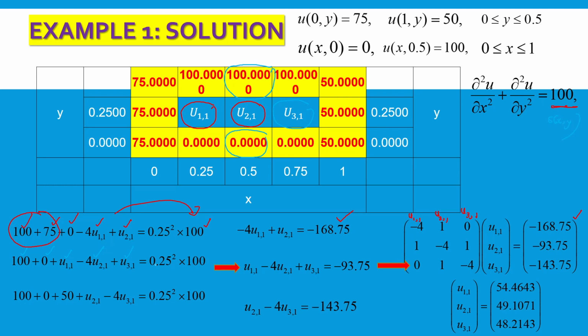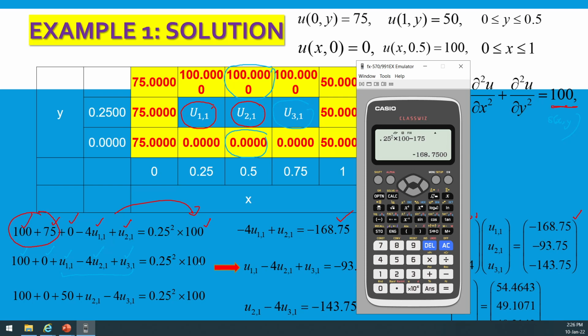Simplify it, you get U11 minus 4 U21 plus U31 equal to 0.25 squared times 100 minus 100.